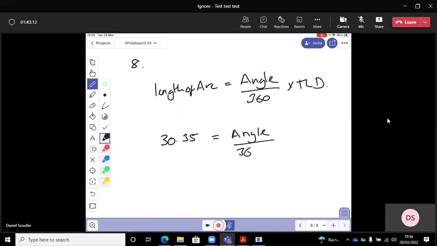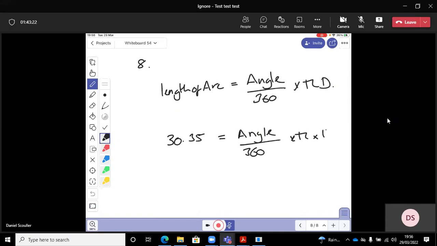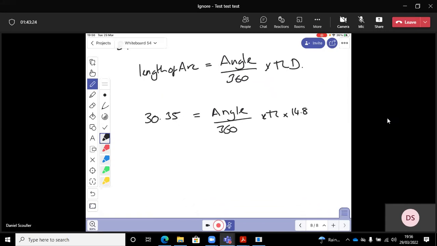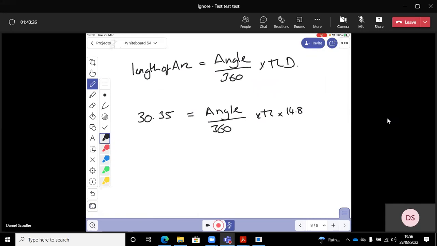Angle over 360. So you're not given the angle, times pi times the diameter, which is double the radius, which is 14.8. Now it's a case of rearranging to find the angle.